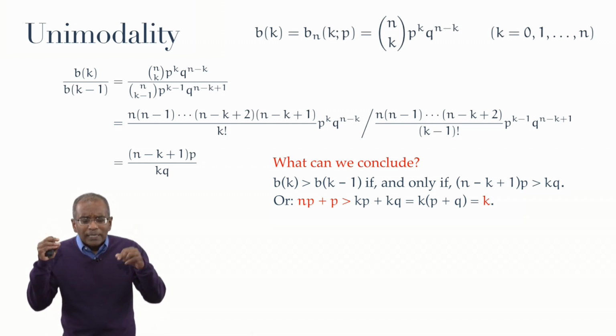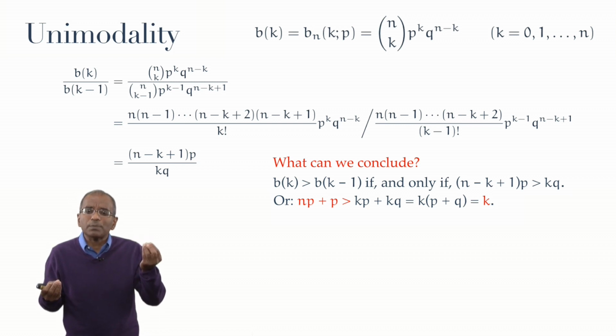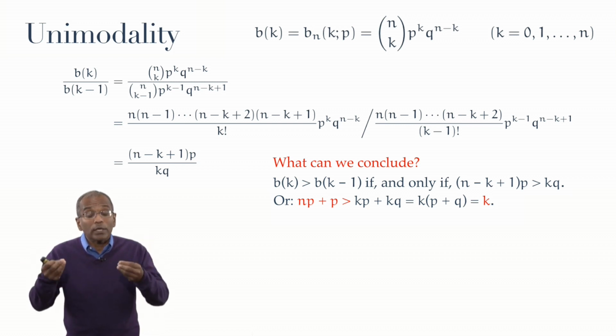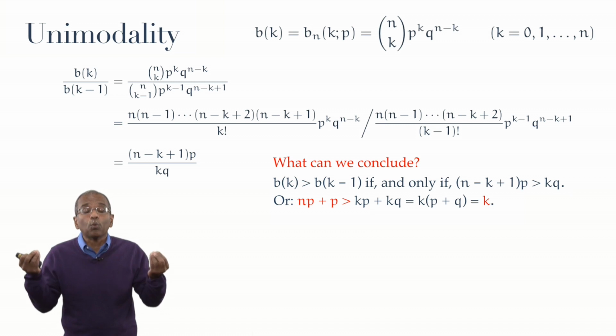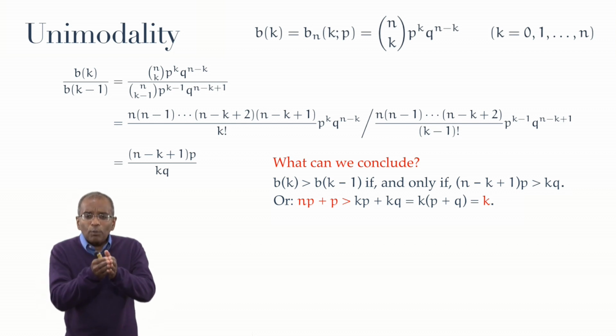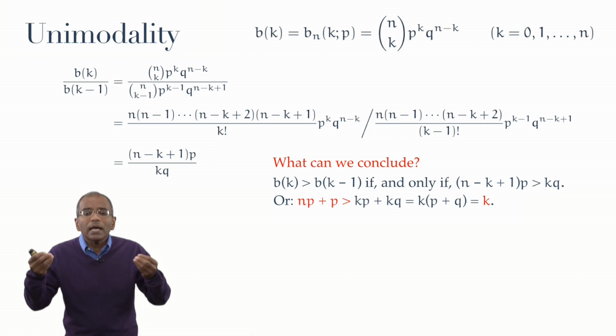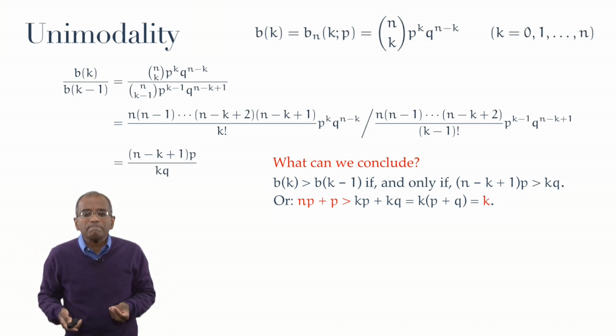But bear in mind that p is the success probability and q is 1 minus p, the failure probability. Or in other words, p plus q is equal to 1. We now have a beautiful and simple criterion. The successive binomial probability is larger provided np plus p is larger than k.